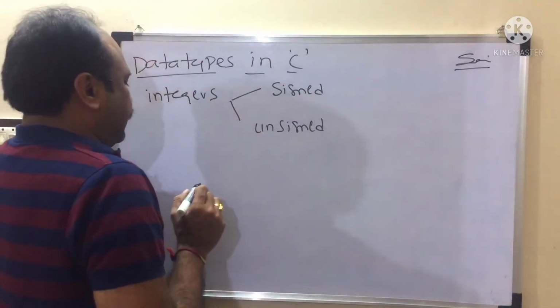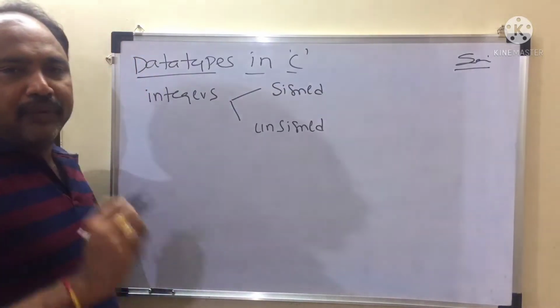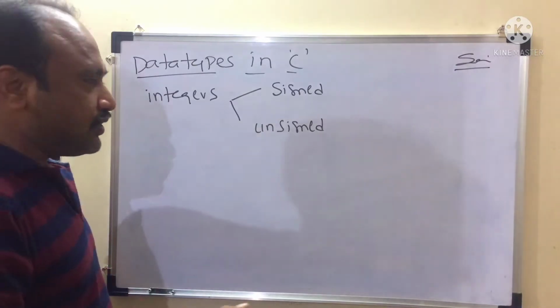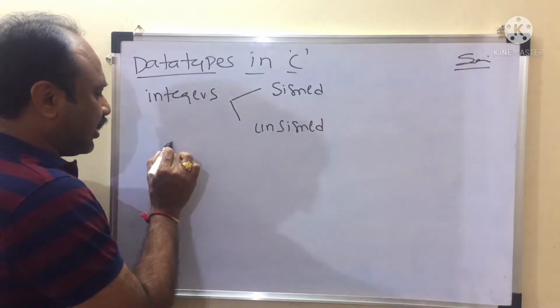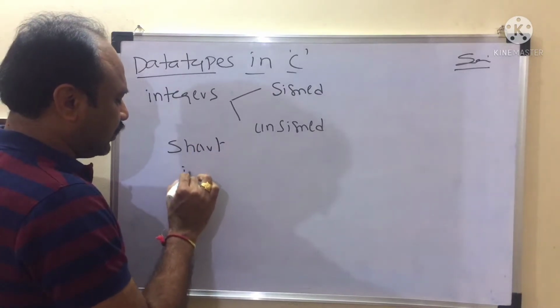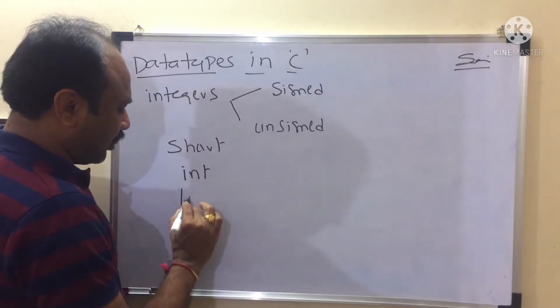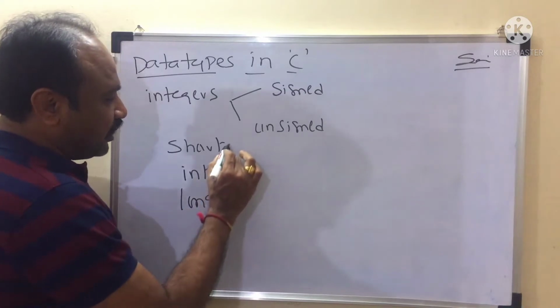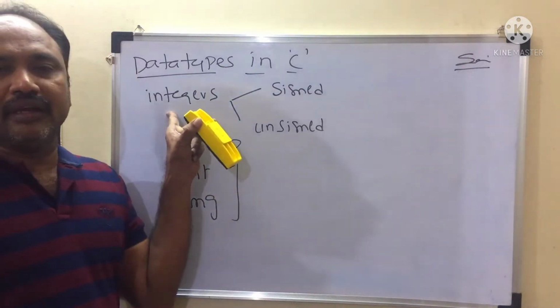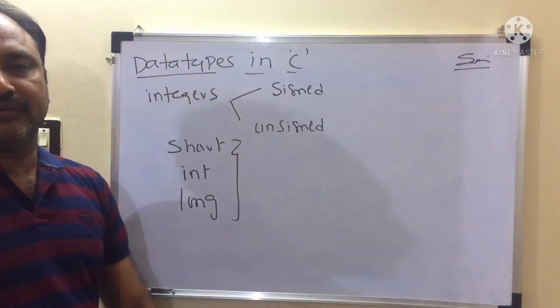To work with integers, as I explained, we have 32 keywords. Among the 32 keywords, we have short, int, and long. These three keywords are used to work with integer data types.